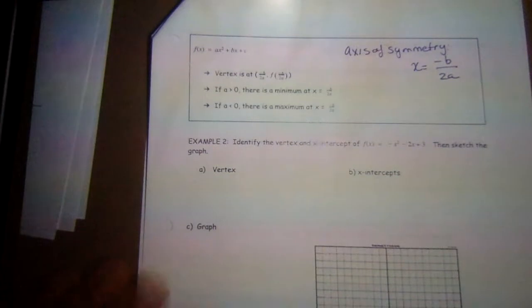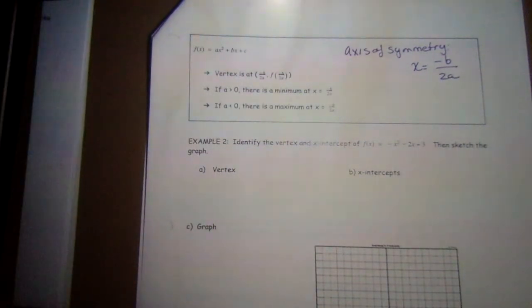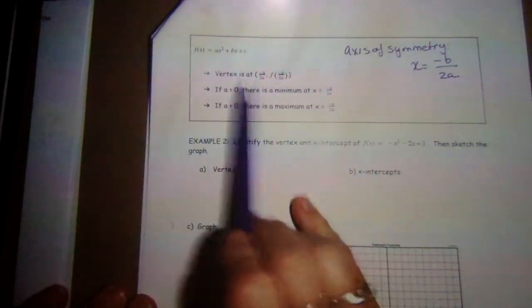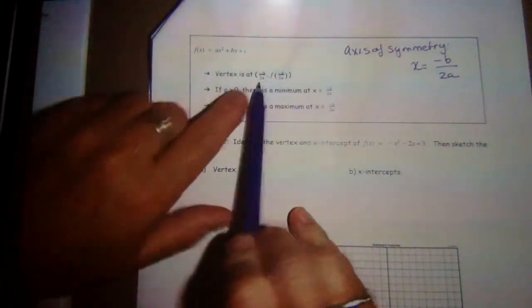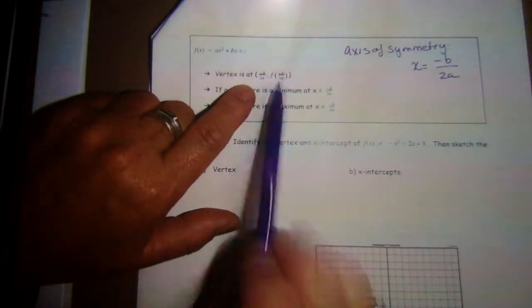You guys remember that? Probably used it quite often. And if the vertex falls on that axis of symmetry, then to find the vertex, we plug negative b over 2a into the function, and we get our y value.